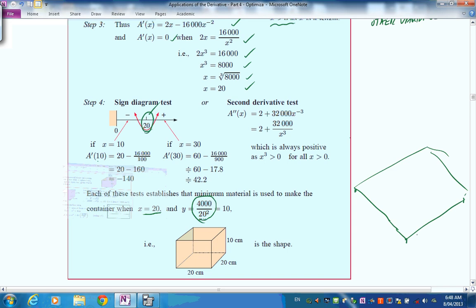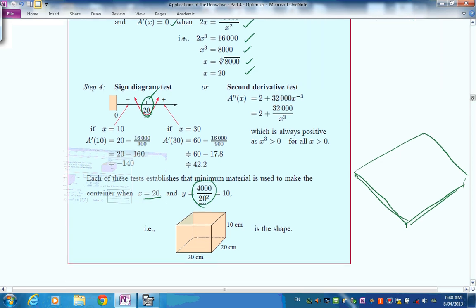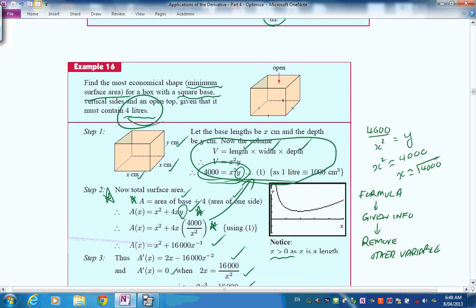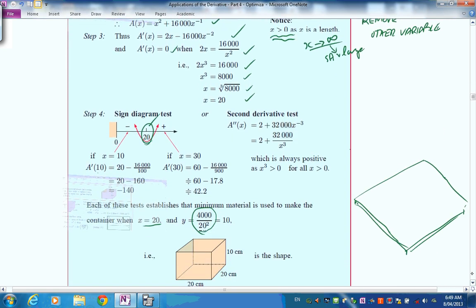Y is going to be very small. So can you see that for large x, and you really should make this comment here about the end conditions. Where x is greater than 0, or x could tend to infinite values, this will make the surface area very large, because it's going to be a very big flat surface with not much depth. So that should be mentioned there.